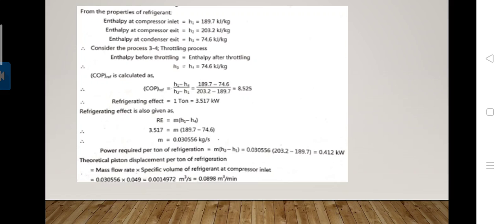So the theoretical piston displacement per ton of refrigeration is 0.001497 meter cube per second. Dividing by 60 converts seconds into minutes, giving 0.0898 meter cube per minute.